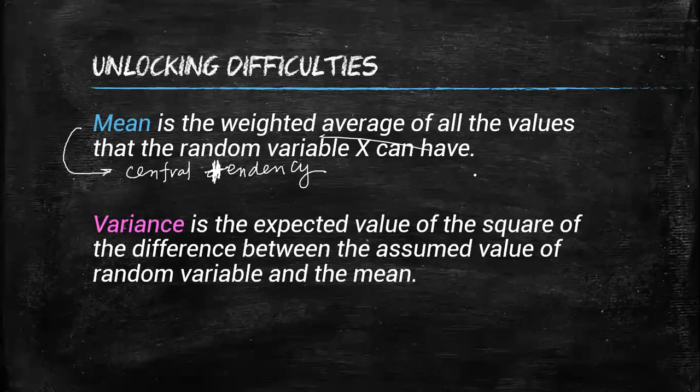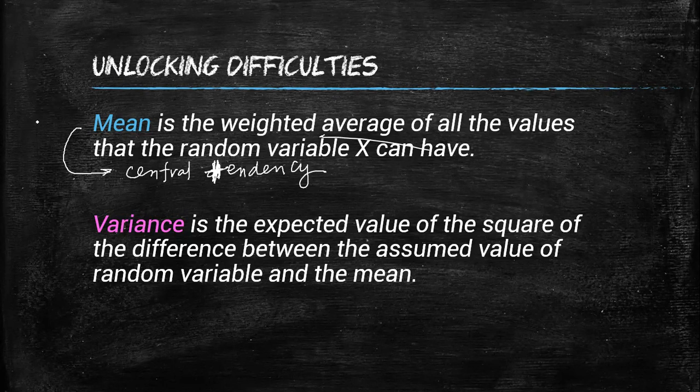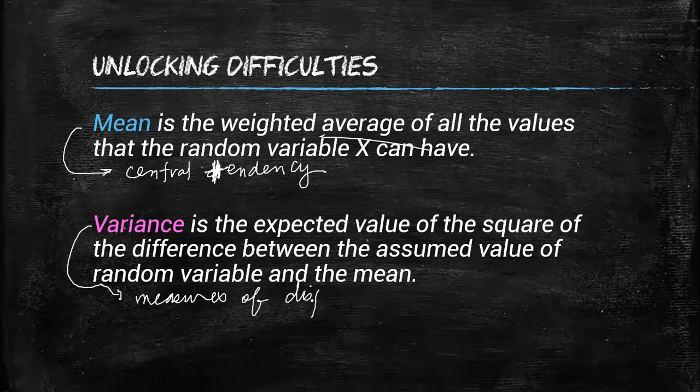Next, we have the variance. Okay, the variance is the expected value of the squares of the difference between the assumed value of the random variable and the mean. For this class, you don't need to memorize the definition, but it is one of the measures of dispersion.